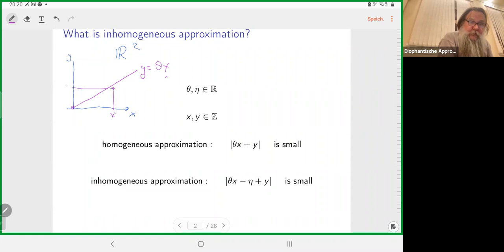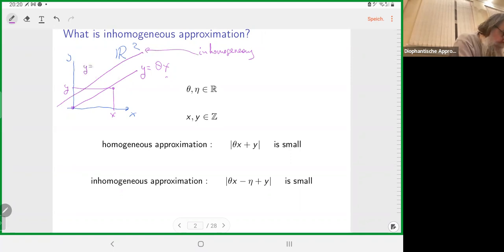Everything is quite simple. If we deal with inhomogeneous approximation, we have another line which is parallel to that line, written by such a formula, and we are interested in integer points close to this line.